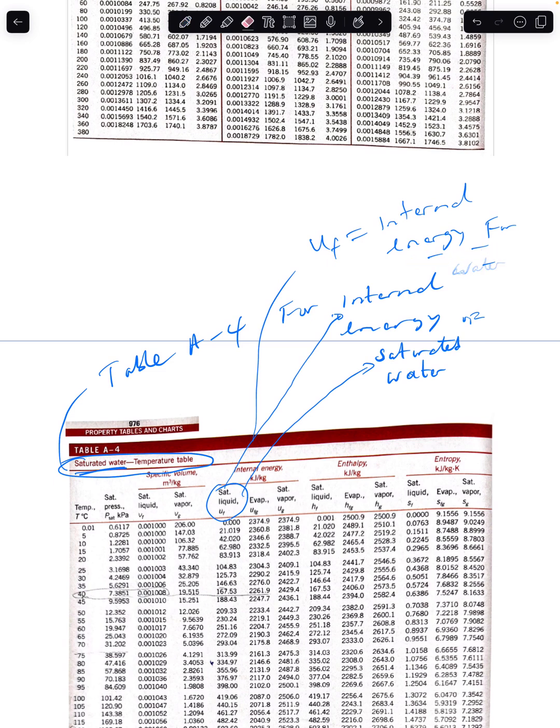Let me write it so you can see. We are looking at the same temperature, 80 degrees Celsius. That's the temperature, and we look for this value.